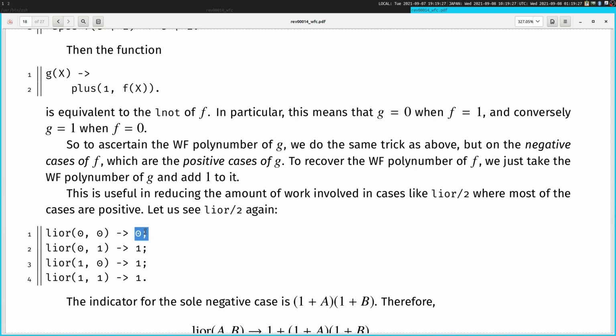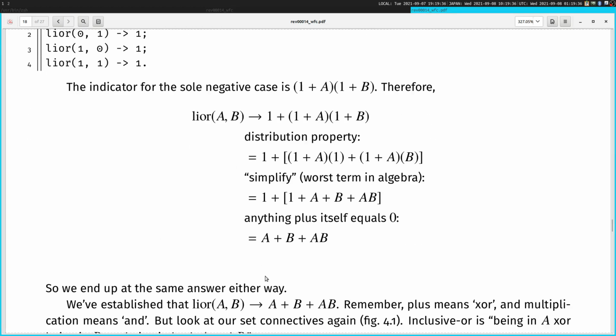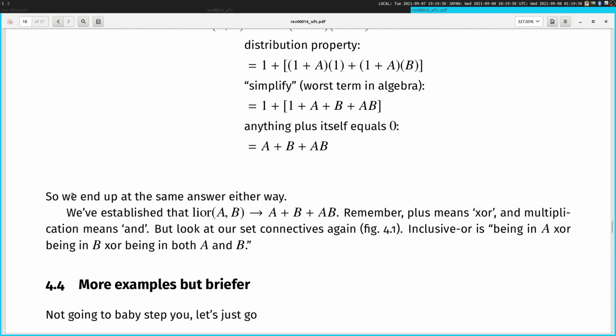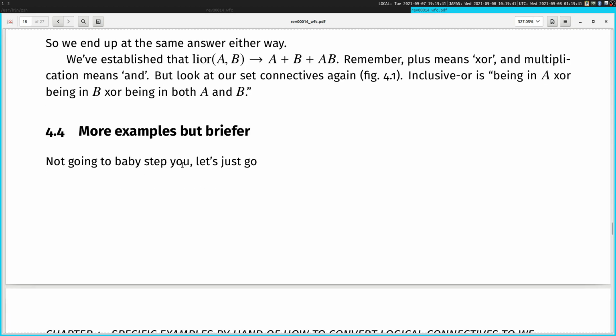And then once you find the Pauli number for that, you add 1 to that, and then you get the Pauli number for inclusive OR back. So this is an example. Maybe pause the video and look at this if you don't believe me.